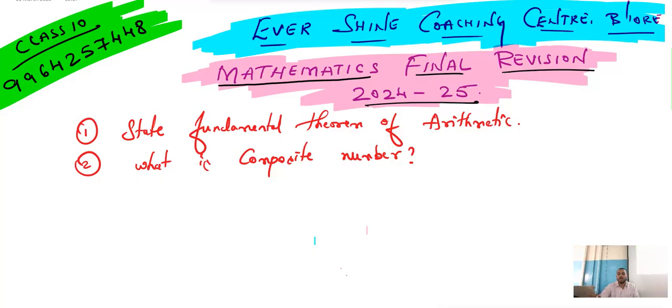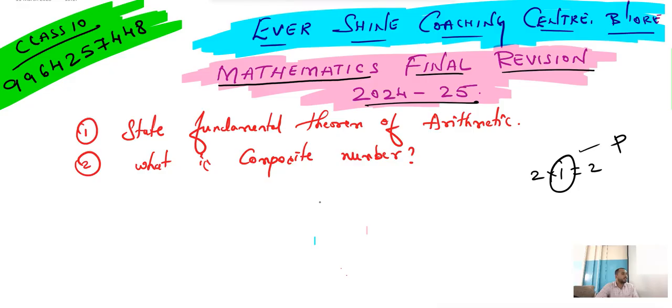Now, what is the meaning of composite number? See children, the numbers which we get in the tables except 1, those all numbers are composite numbers. Do we get 2 as the answer in any table? I'm not telling 2 into 1; 2 ones are 2, not into 1. Apart from that, any other 2 will come? No, 2 will not come in any table, so it is a prime number. If it doesn't come, it is a prime number. If it comes, then it is a composite number.